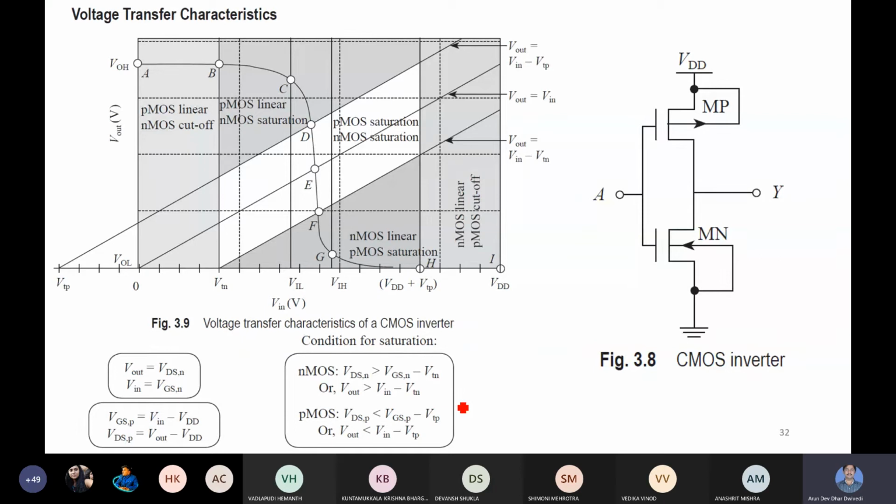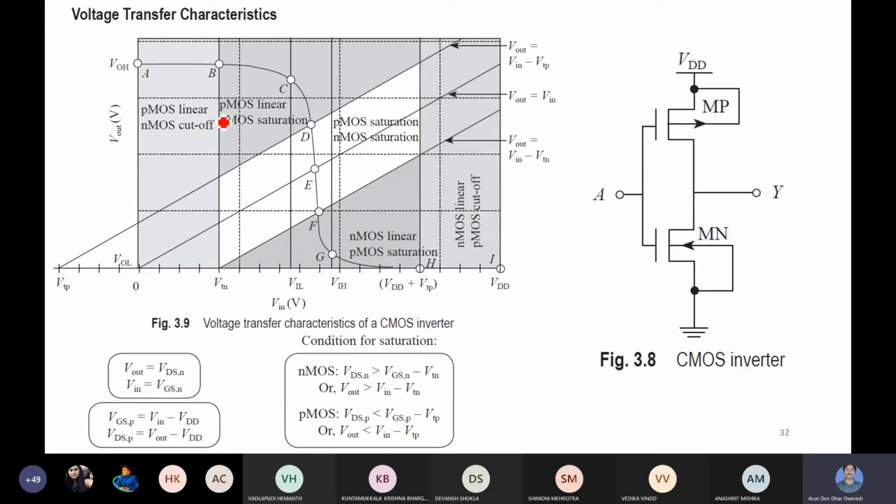If we talk about the VTC plot, in which region it is saturated and in which region it is linear are all decided in this graph. Here the VTC plot is shown from point A, then going to B, C, D, E, F, G, H, and even I. From H to I there is no current, we can say.